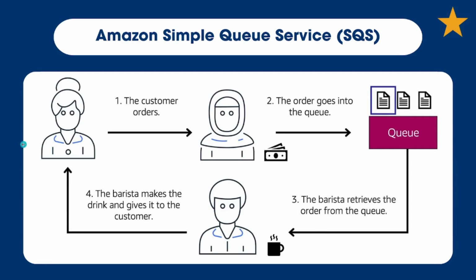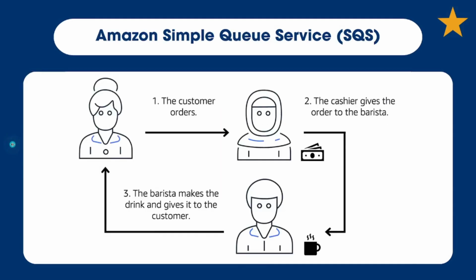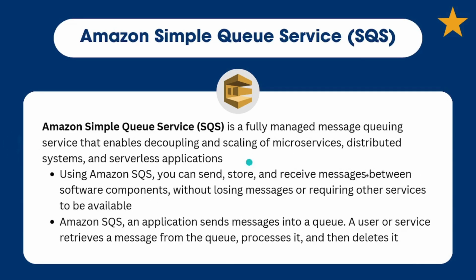And that's how the Amazon Simple Queue Service works. It's doing the same thing as what most restaurants do, with pretty much any types of messages. And rather than the workers being your barista and cashier, it would be two different applications. It could be a user as well, a user and an application.